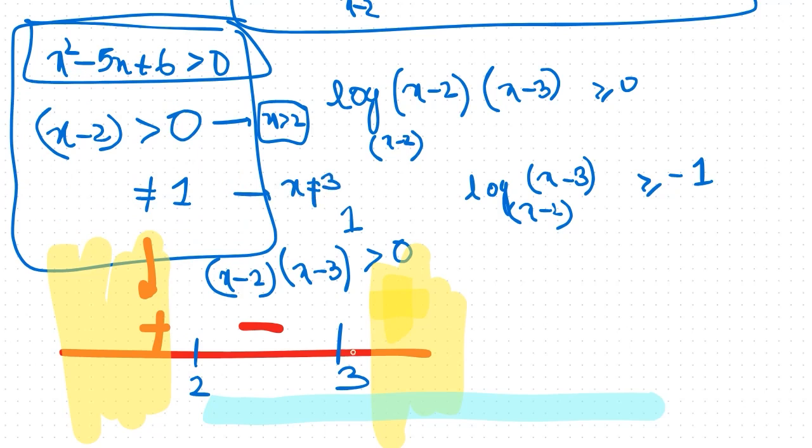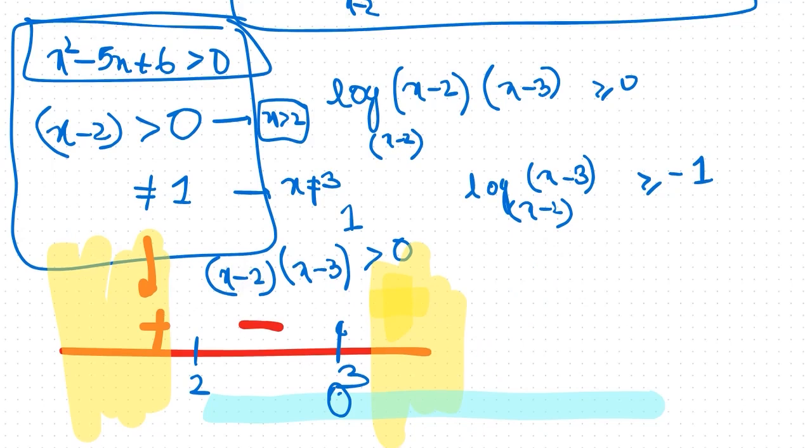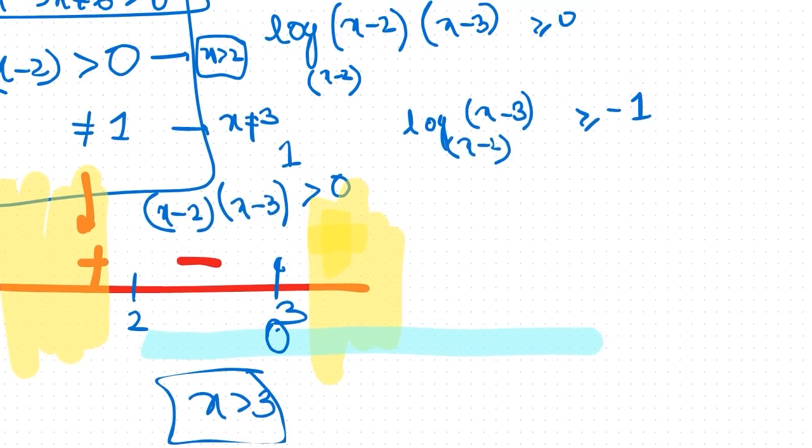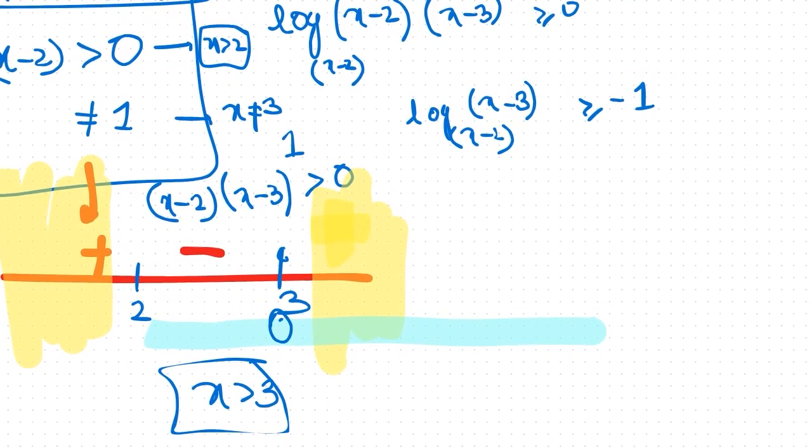At 3, there is a hollow circle. So the overall common region is the yellow region, x greater than 3. That is the domain. When x is greater than 3, x minus 2 will be positive. So now, how do you solve this?